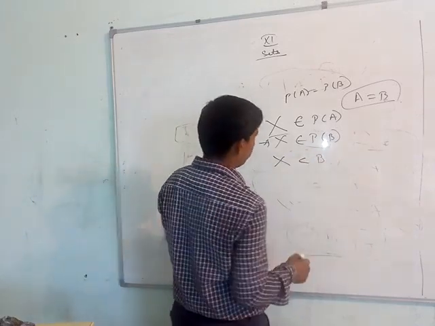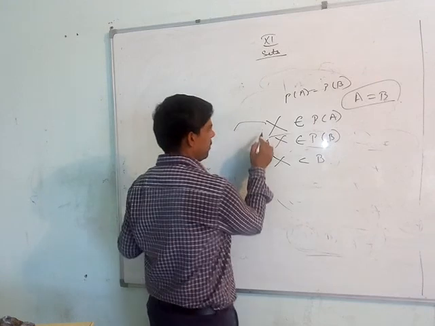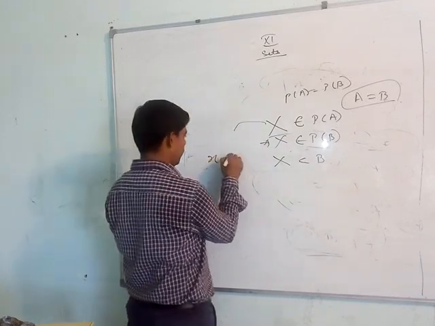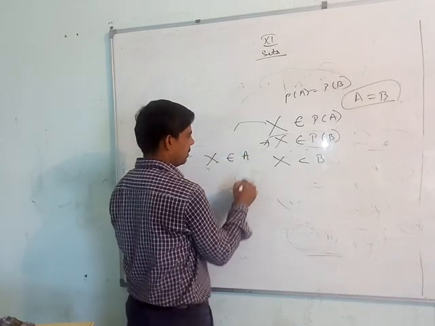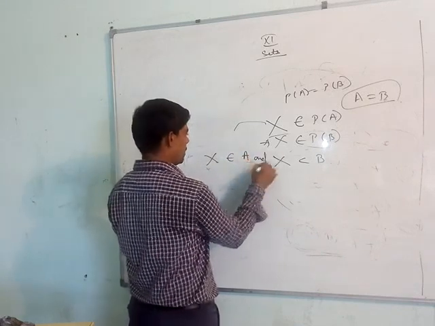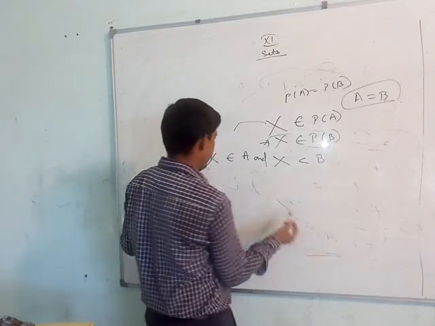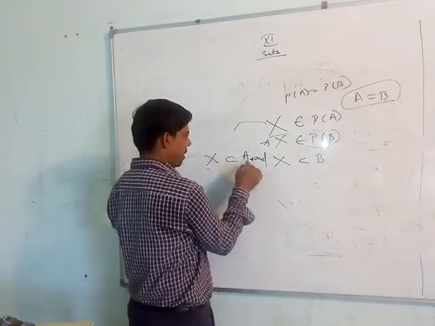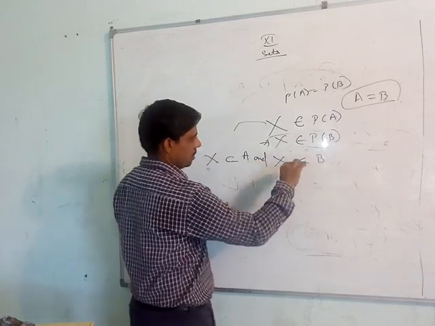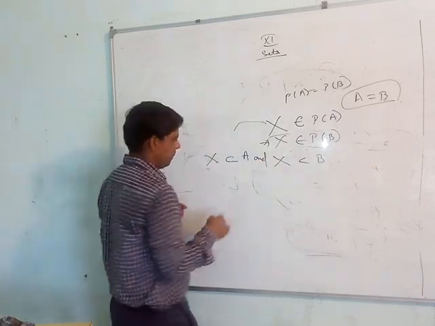If X is a subset of B, and from here we are already getting what? X is a subset of A, right? So we are getting X is a subset of A and X is a subset of B. Therefore what?